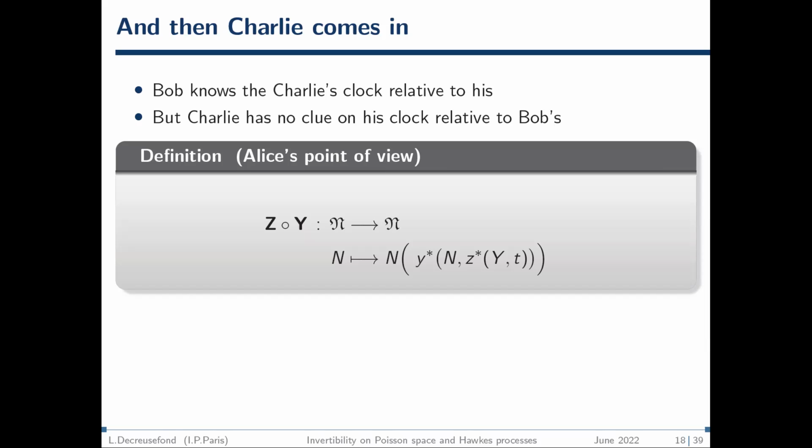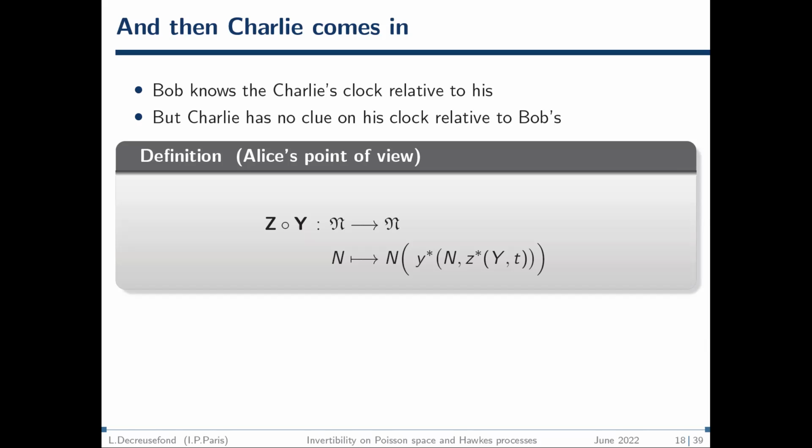If you make the computation, it's very easy. From the point of view of Alice, Z composed with Y is exactly the composition of n at time Y star of n, but Z star here is taken along the path of Bob and not the path of Alice.